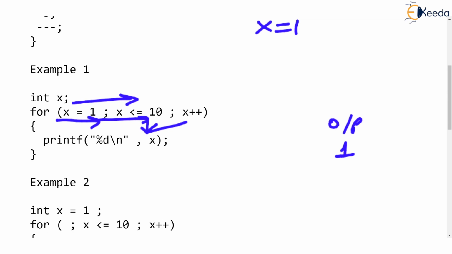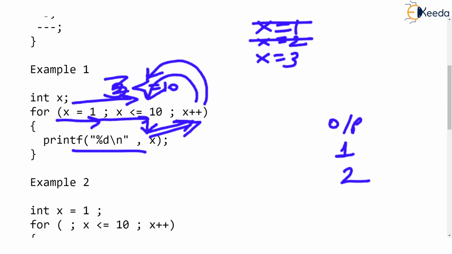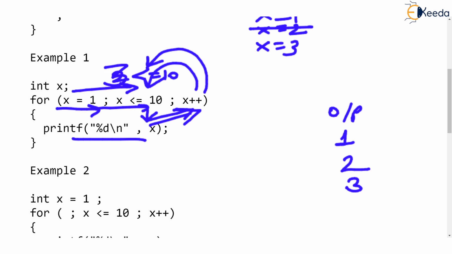After x is printed, x++ makes x 2. Then the condition is checked: 2 less than or equal to 10, which is still true, so 2 gets printed. After that, x++ makes x 3, and again the condition is tested: 3 less than or equal to 10, which is again true. So 3 will be printed, and this goes on. This loop keeps repeating, and a stage reaches when x becomes 9.